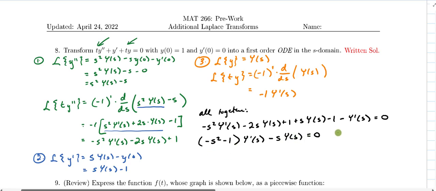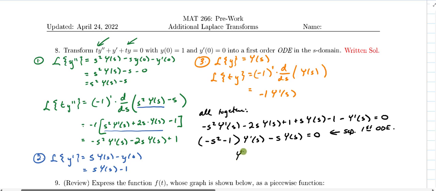This is a separable first order ODE in the S domain. And it may not be clear, but that significantly eases our problem of trying to solve the original ODE. What I'd like to do is let's just finish this out.